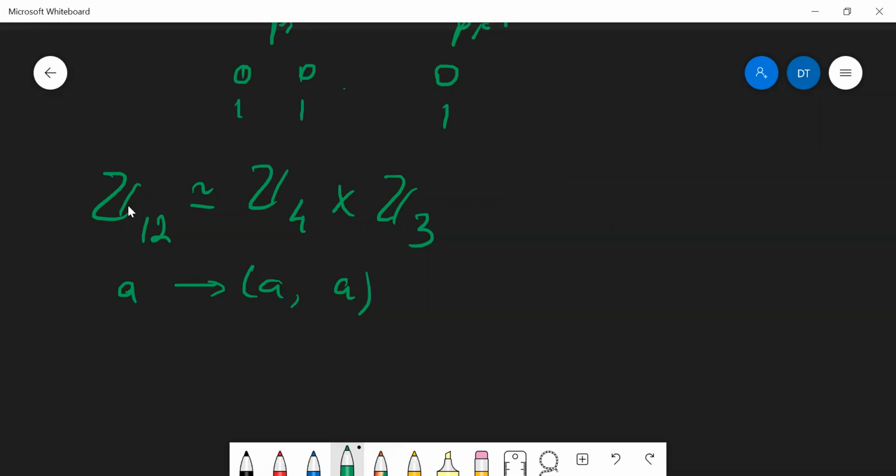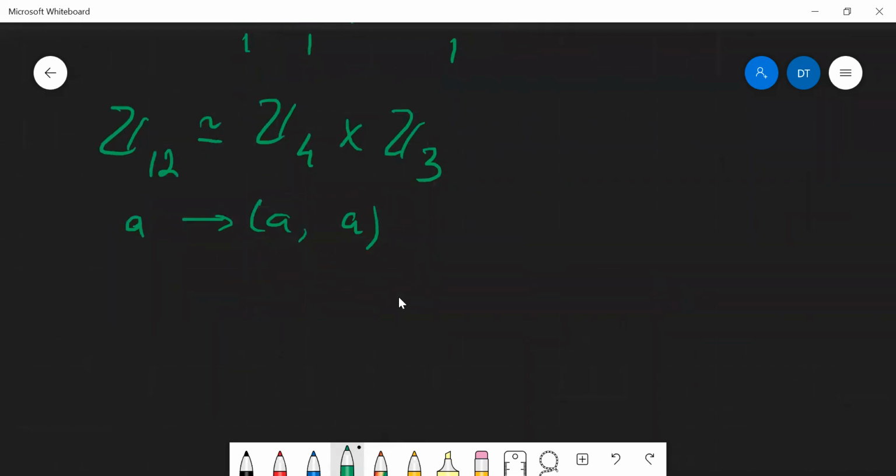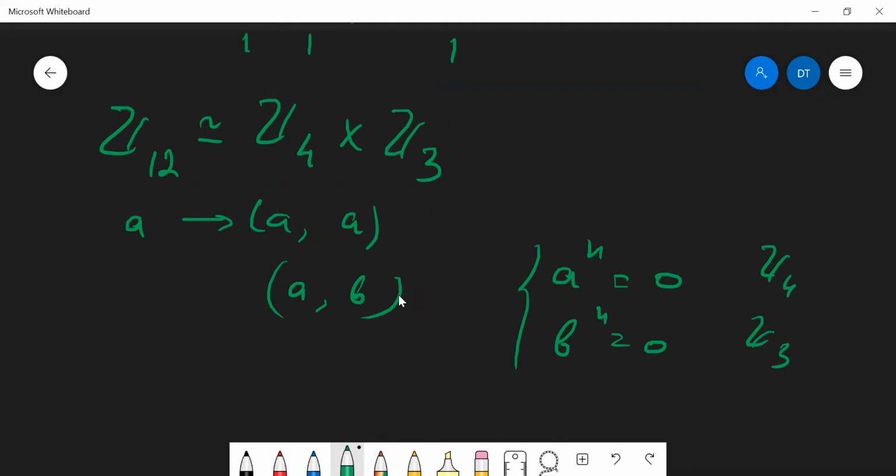If an element A is nilpotent here, then this pair is nilpotent here. So we're searching all possible pairs A, B such that A to the n equals 0 in Z4 and B to the n equals 0 in Z3. So we want to find all possible nilpotents here, all possible nilpotents here, then form pairs of nilpotents and find all the corresponding elements here.